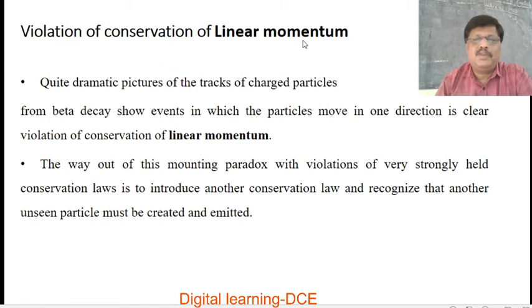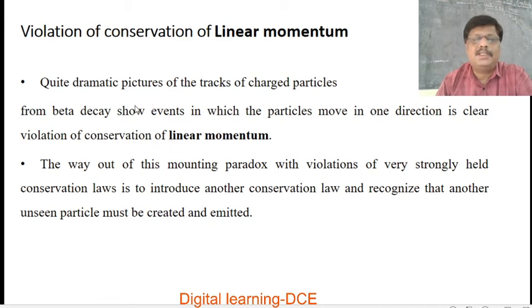Violation of conservation of linear momentum. Quite dramatic pictures of the tracks of charged particles from beta decay show events in which the particles move in one direction, a clear violation of the conservation of linear momentum.